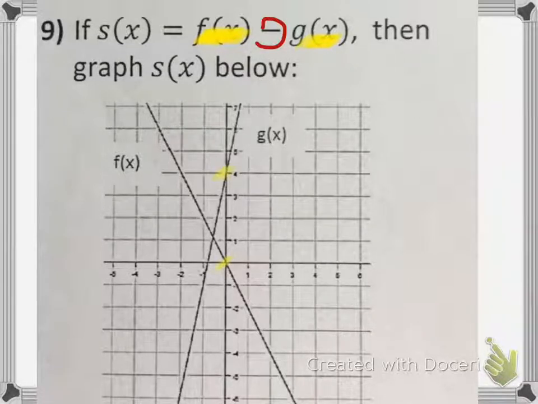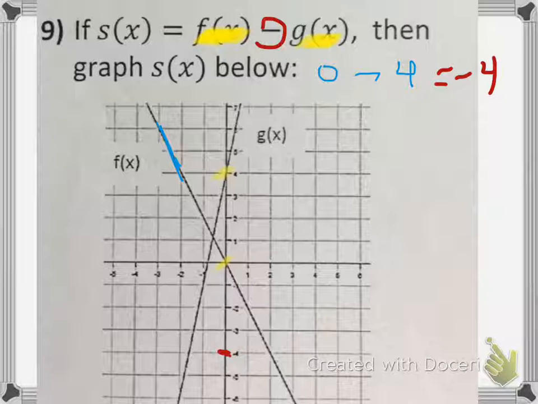Right here, you're at 4. So those are some really nice numbers. I remember I have to use my f value first. So f is this line. So I'm going to go 0 minus 4, which means my new point is down at -4. So my new point is going to be down here at -4.